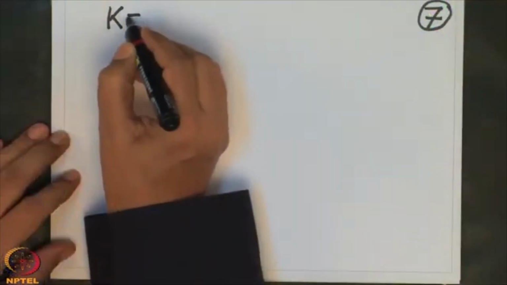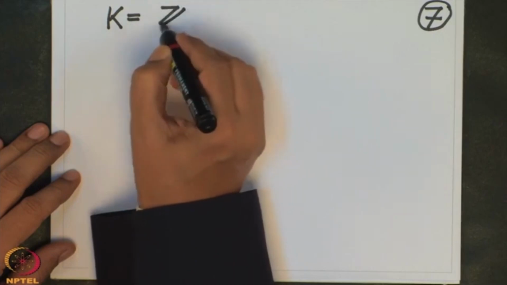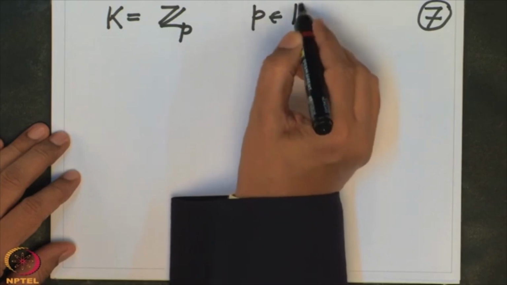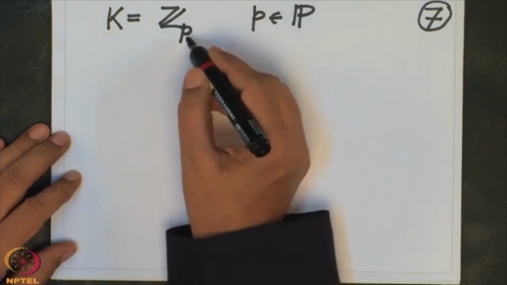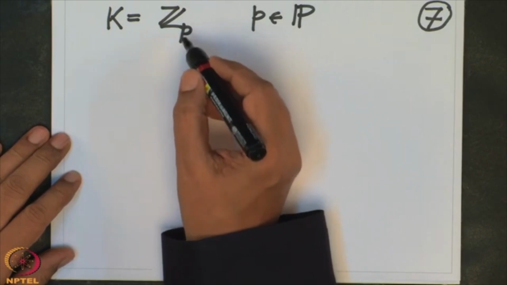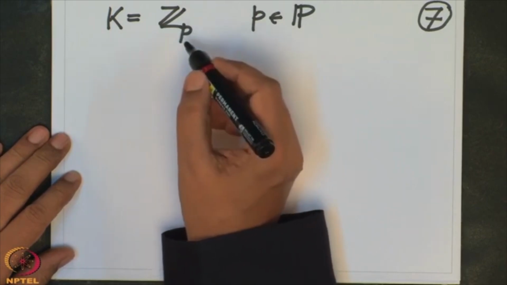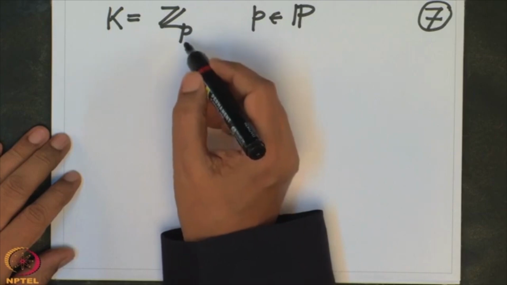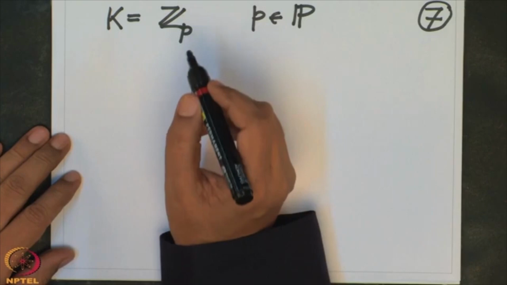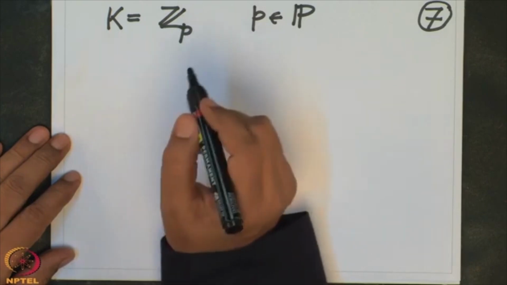I take first of all K to be Z mod p. P is a prime number, and I take the field Z mod p. This is the field we have got from integers by defining a congruence relation there, and then taking the congruence classes and defining addition and multiplication there, and it became a field.